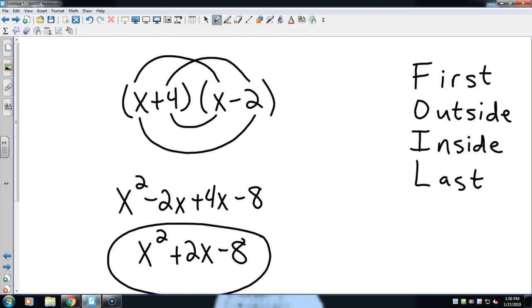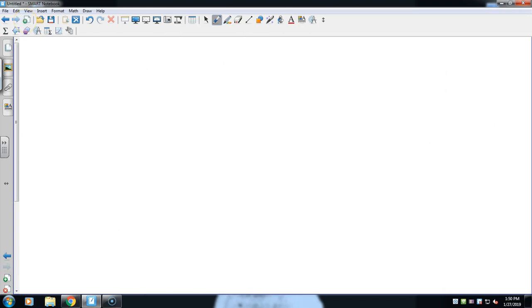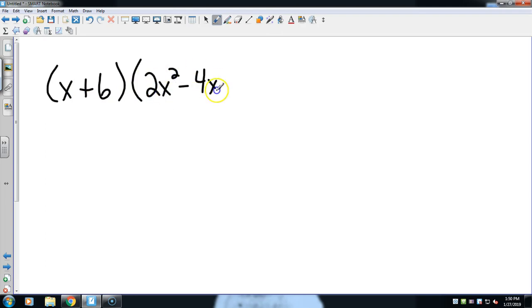Now, we will get to some where we have a binomial times a trinomial. In this case, FOIL does not work.